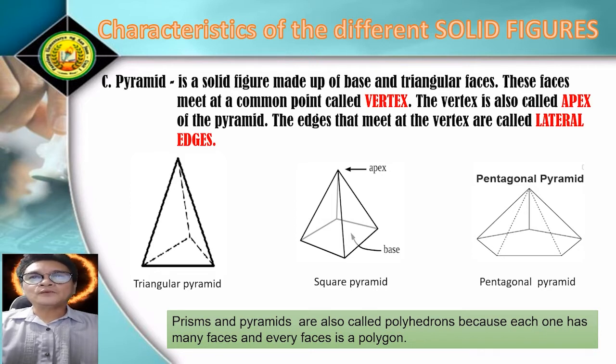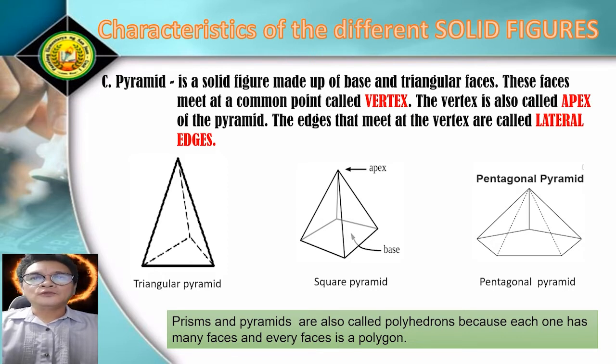So, from our drawing, we have the triangular pyramid, the square pyramid, and the pentagonal pyramid. The vertex or the apex is at the top of the pyramid, and the side is called the lateral edges.